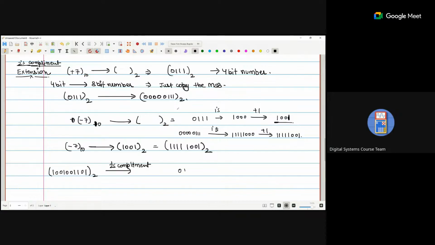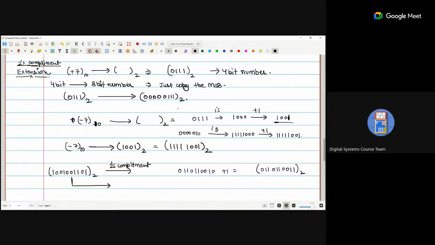So 011011001, then add 1. That is 011011010. Okay, that is the 2's complement. This is how we calculate the 2's complement.